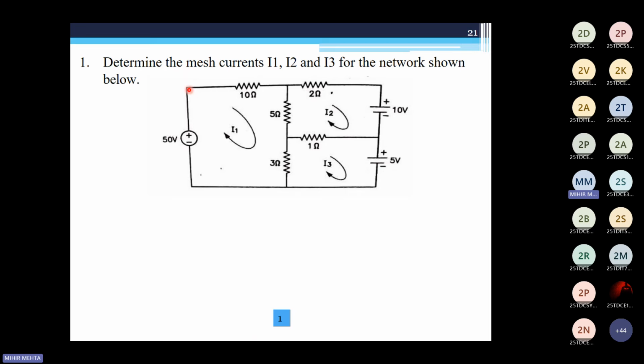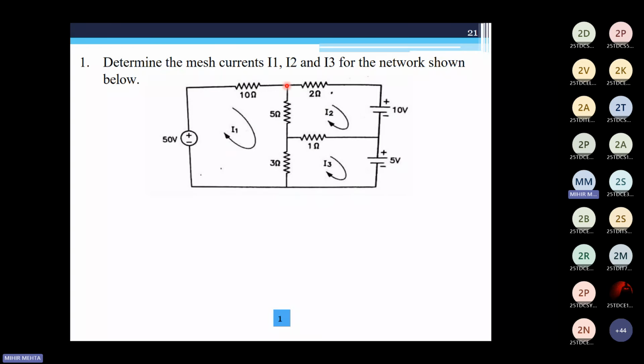Moving from the top left corner for your I1, through your resistance of 10 ohms, it would be minus 10 I1. Do you understand this? Now you have a branch which has current I1 as well as I2.